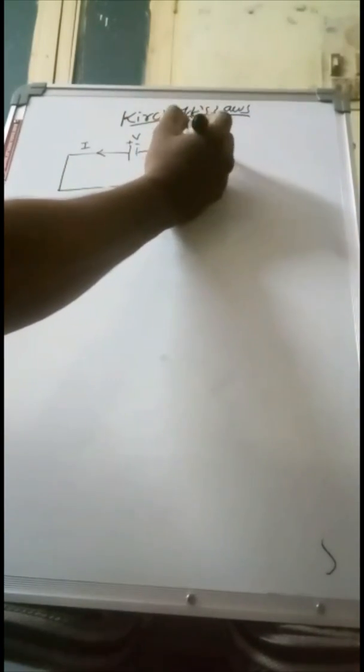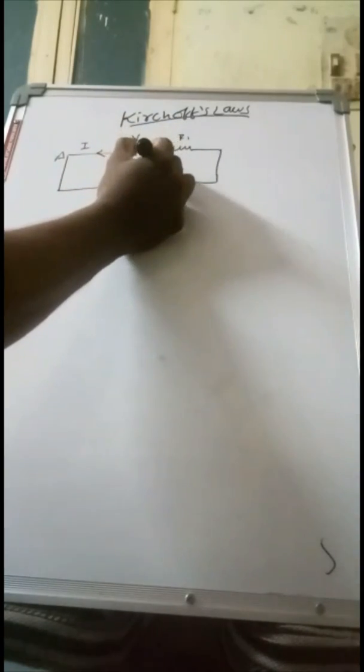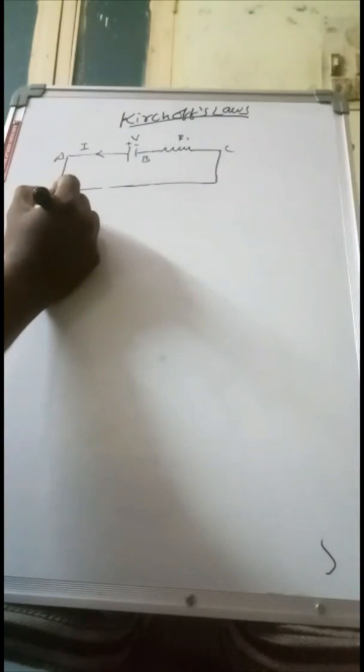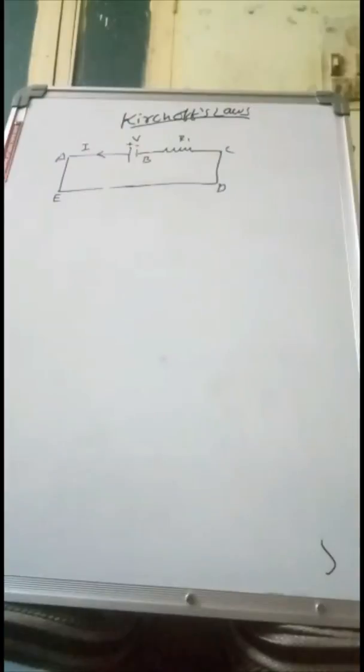Here the battery V is plus, this is minus, and the current direction is like this. We have the current I here and R1. The points of the loop are designated as A, B, C, D, and E.